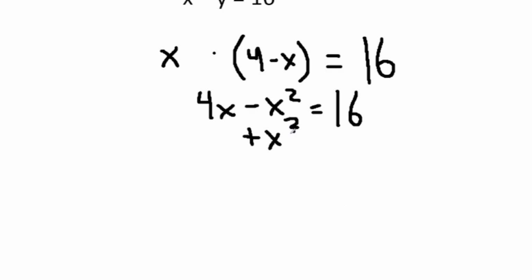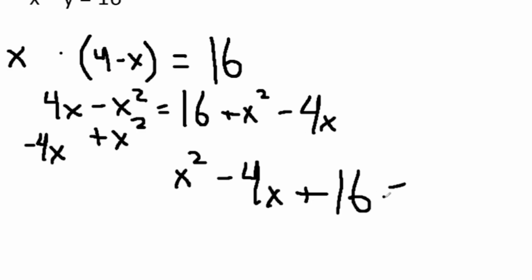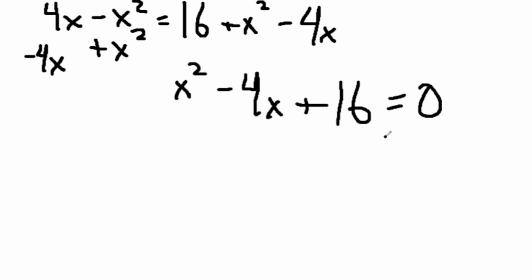Add x squared here, and we could subtract 4x here. And on the right side, we also add x squared and subtract 4x. Let's simplify this a little bit. So now we have x squared minus 4x plus 16, and all of this is equal to 0. Now we can use the quadratic formula to solve for x.